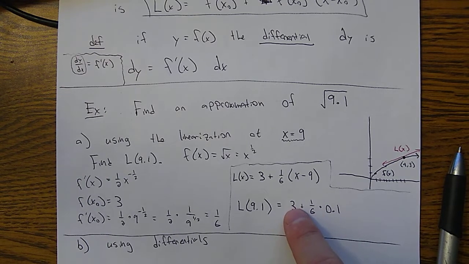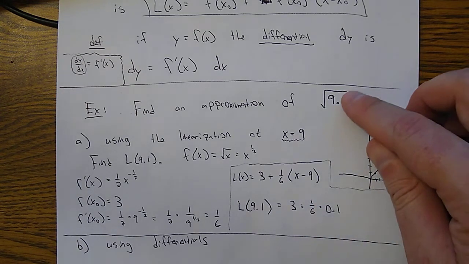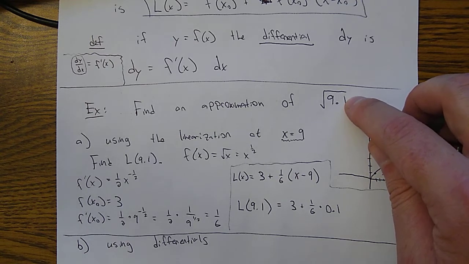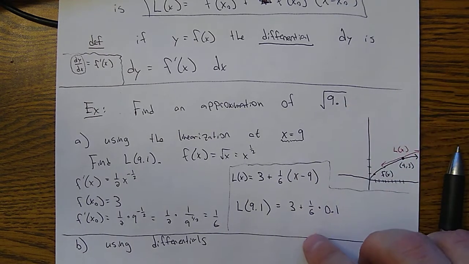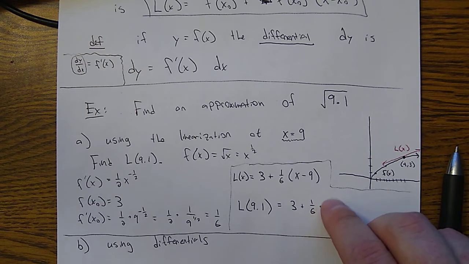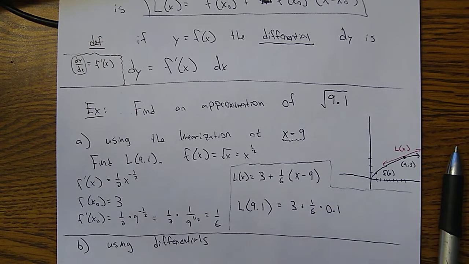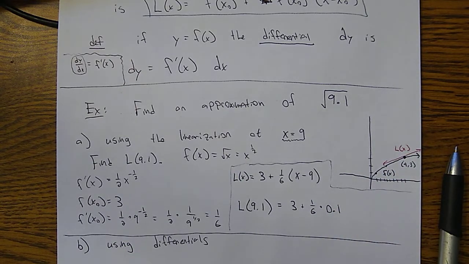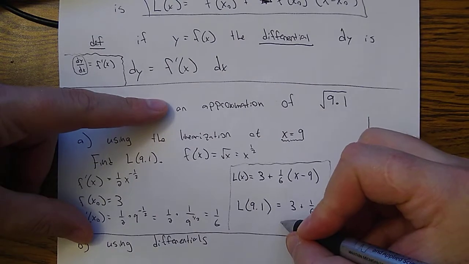So the linearization is telling us the square root of 9.1 should be a little bit bigger than 3, because we're doing the square root of a number that's a little bit bigger than 9. This is not going to be the exact square root of 9.1, but it's an approximation of how much more than 3 our answer should really be.